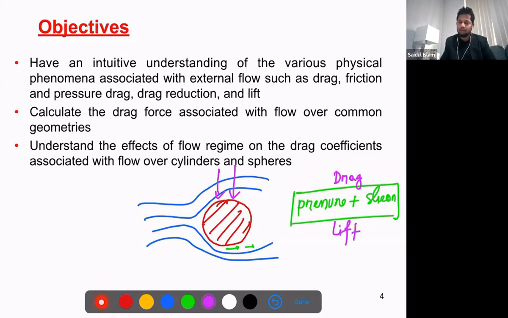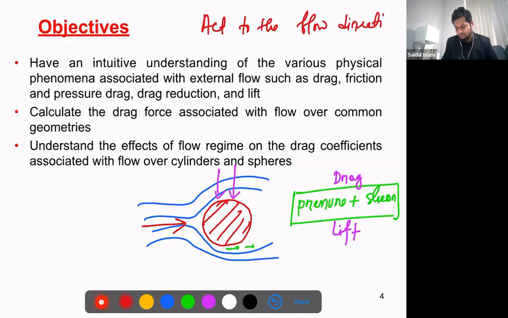Drag is the force that acts along the flow direction. So if this force, pressure or shear, acts in the flow direction, it will be the same direction.